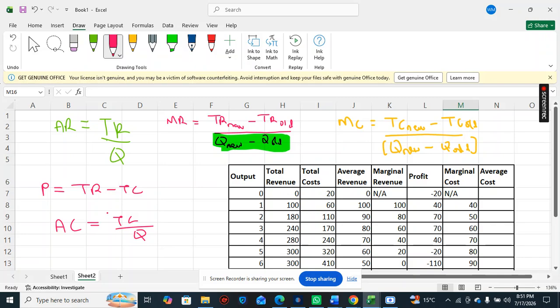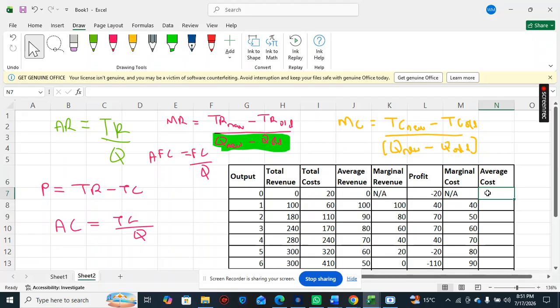So it's average cost, total cost over quantity. Average revenue, total revenue over quantity. If they say average fixed cost, AFC, then it's your total fixed costs over quantity. Okay, that's how you remember this formula.